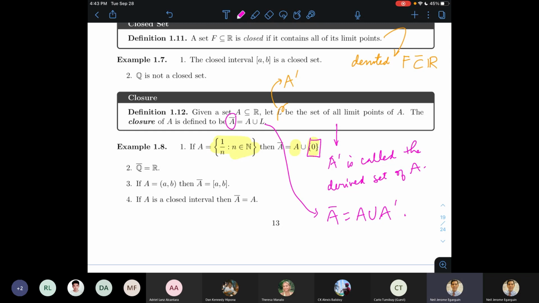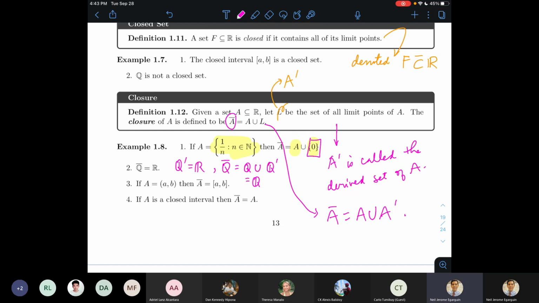Okay? On the other hand, we have seen in example 6 na the set of real numbers is the set of all limit points of Q. So ibig sabihin, Q prime is equal to set R, right? The derived set of Q is R. And then the closure of Q, Q bar, is Q union Q prime.